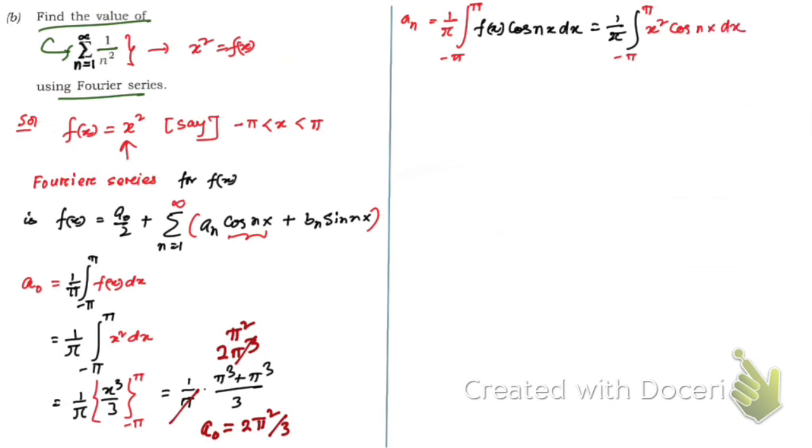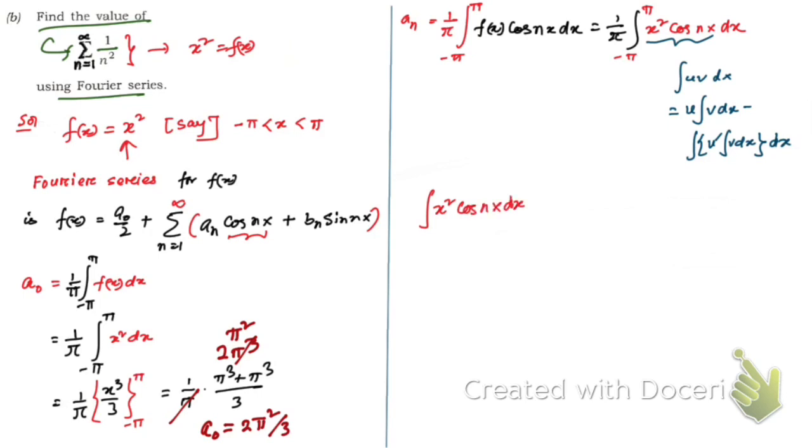So if you integrate using this rule, integration of u v dx is equal to u times integration of v dx minus integration of the derivative of u times integration of v dx, then the whole integration, right? Let me show you the integration here. Suppose you have taken integration of x square cos nx dx.